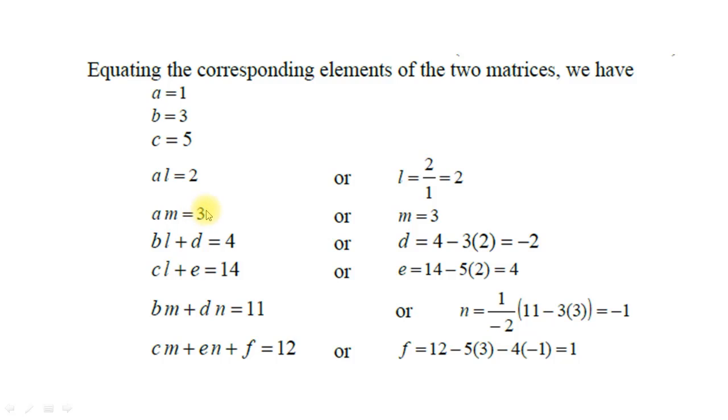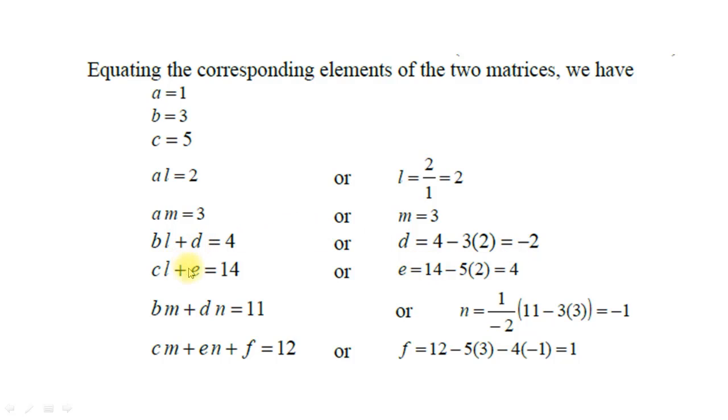Now am = 3 and a = 1, so m = 3. Now bl + d = 4, so d = 4 minus bl. The value of b is 3 and the value of l is 2, so d = 4 minus 3 into 2, which is equal to minus 2.